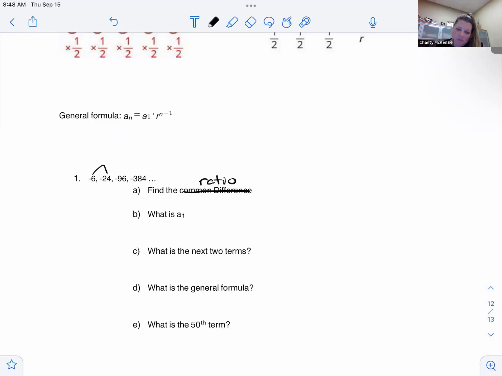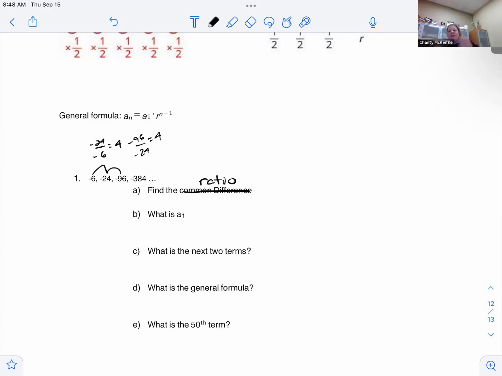So -6 times what? I would go -24 divided by -6. What is -24 divided by -6? +4. Okay, if I do -96 divided by -24, do I also get 4? Yes. So I'm multiplying by a +4.